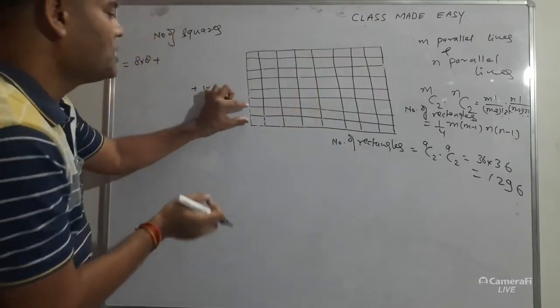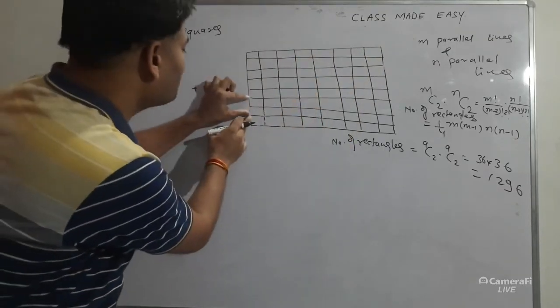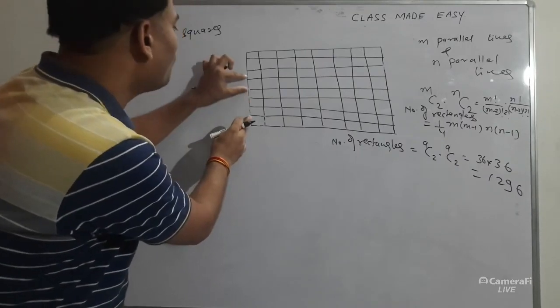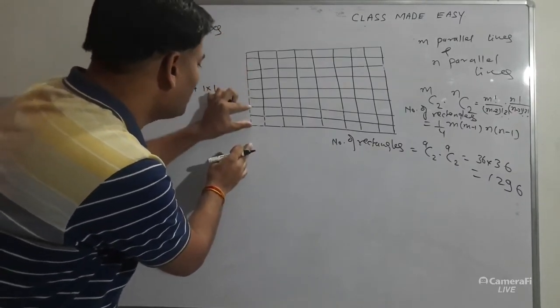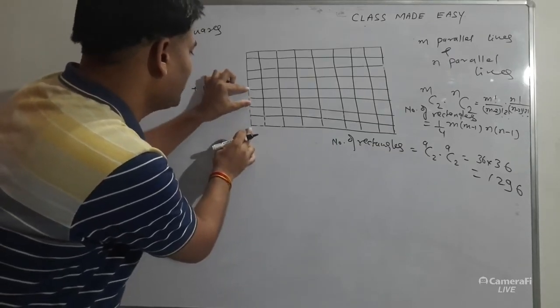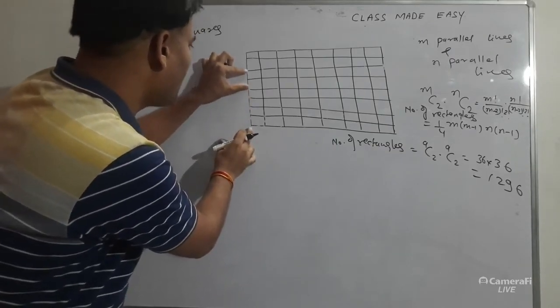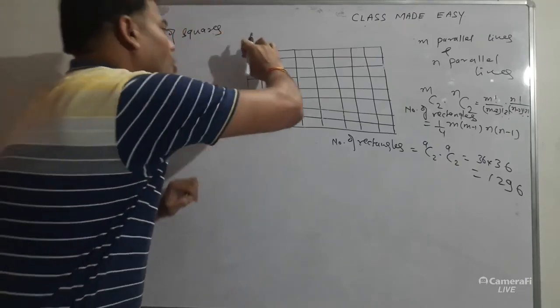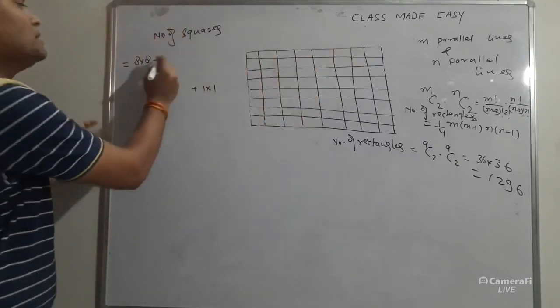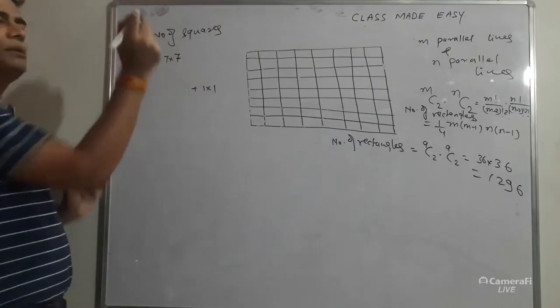So 7 times. Third, fourth, fifth, sixth, and this one is 7. Another, see 1, 2, 3, 4, 5, 6, and this one is 7. So in all we will get 7 squares. So it is 7 times 7.